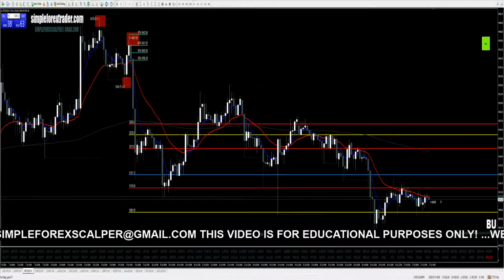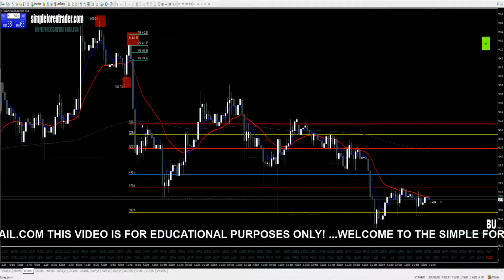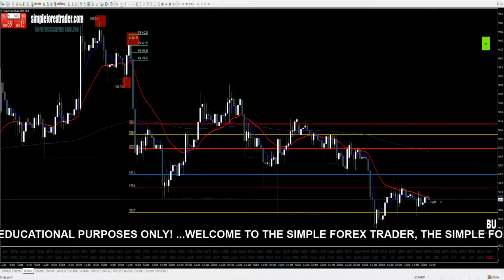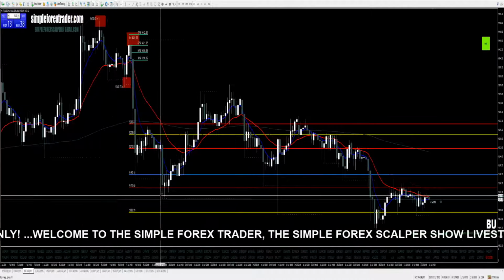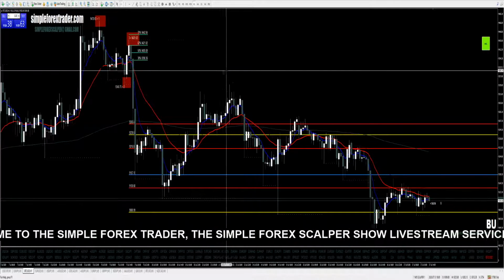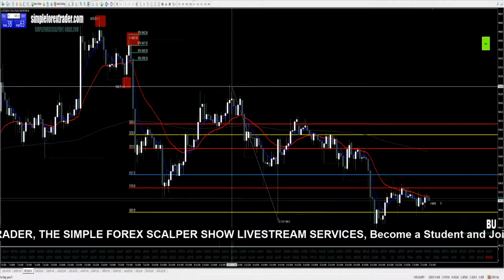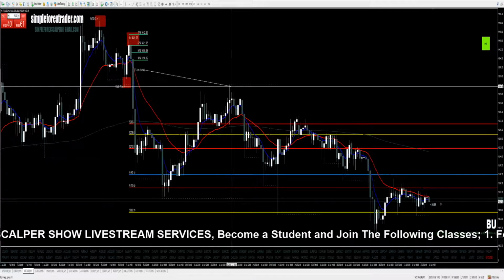The 6th one hit. You notice that it didn't go further towards our stop loss from here. It retraced up to here, and then it just dropped back down and hit our 6th target. That's how easy it is.